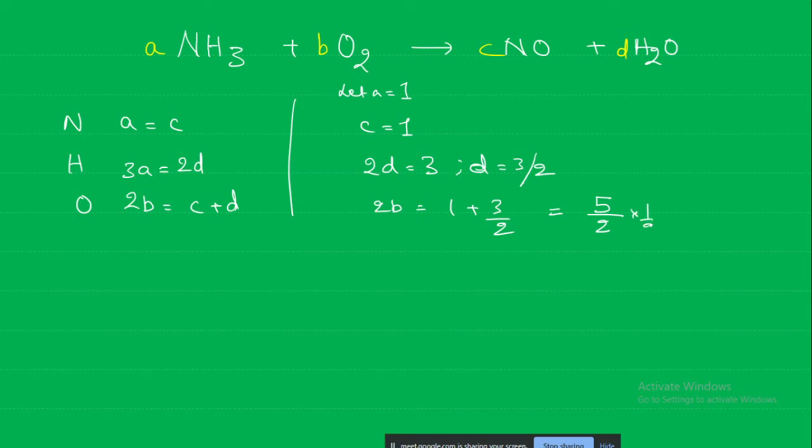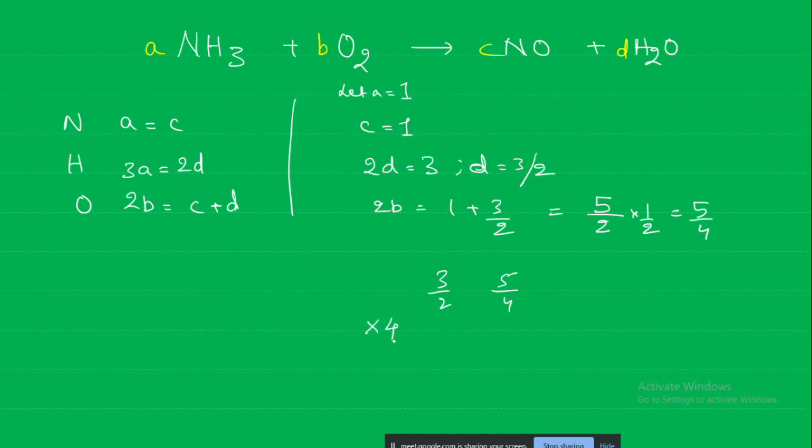Because 2 will come down this side, it will become 5 by 4. So now these two are fractions, no? Then we want to make them whole numbers. This 3 by 2 and 5 by 4, how can we make them whole numbers? Multiplying all the values by 4.